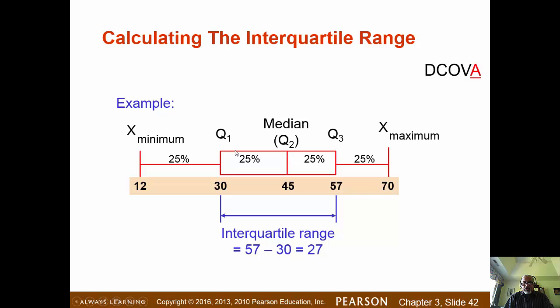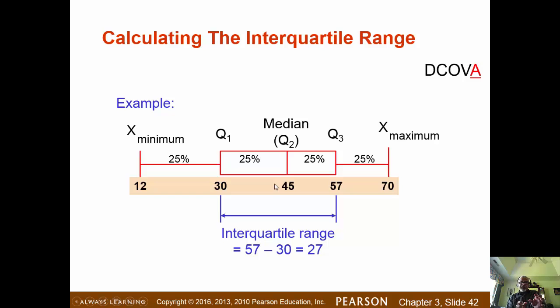So now you draw a box between Q sub 1 and Q sub 3, that's the interquartile range, and then draw a line for the median. Median is Q sub 2. And then from the Q sub 3 end, you draw a line, often referred to as a whisker, to the maximum value, and from Q sub 1 down to the minimum value. Now, if you have a perfectly symmetric distribution, then the two whiskers will be of the same length, and the Q sub 2 line will be right at the middle.